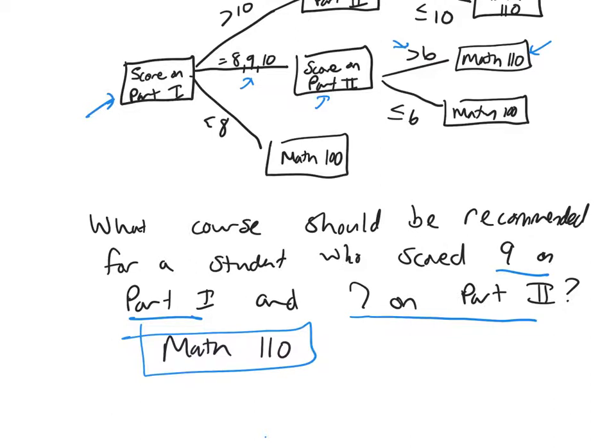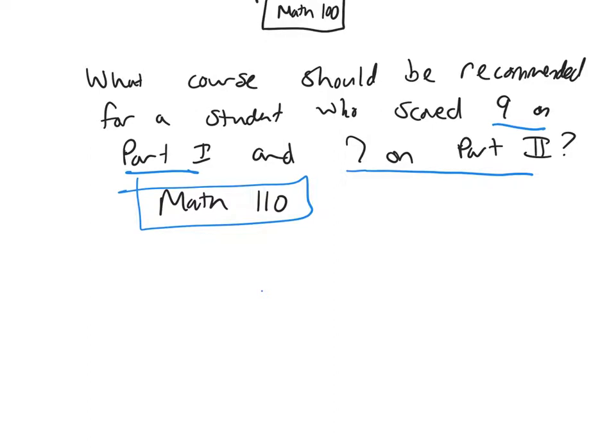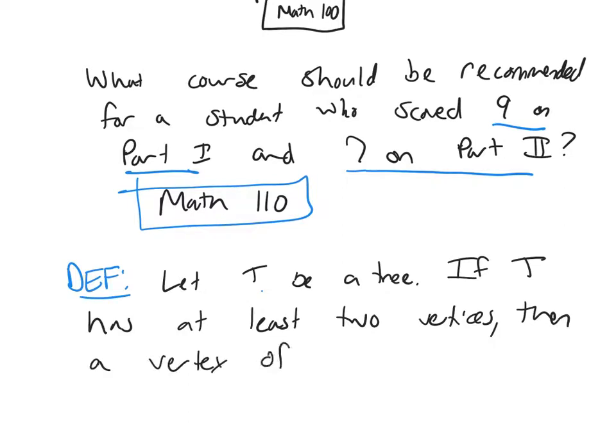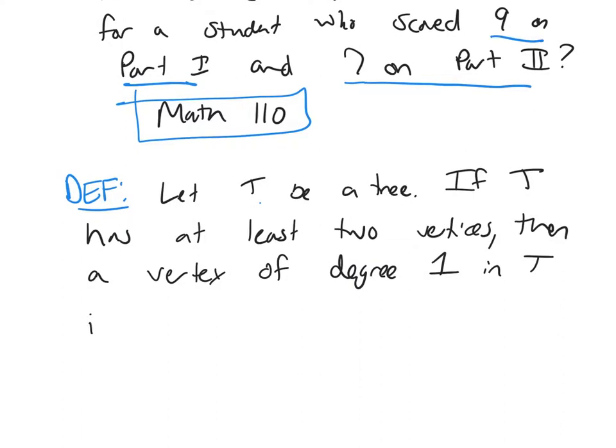All right, so let's define a few more terms. Let T be a tree. If T has at least 2 vertices, then a vertex of degree 1 in T is called a leaf.